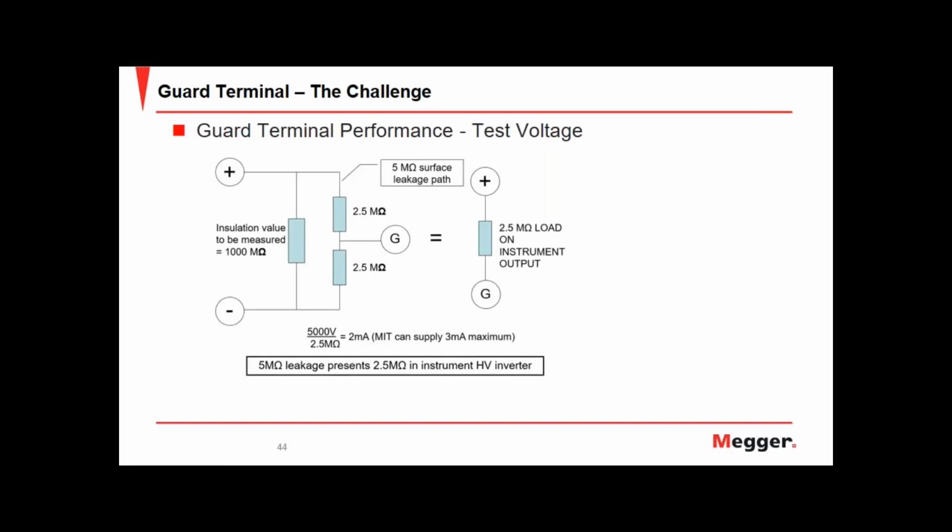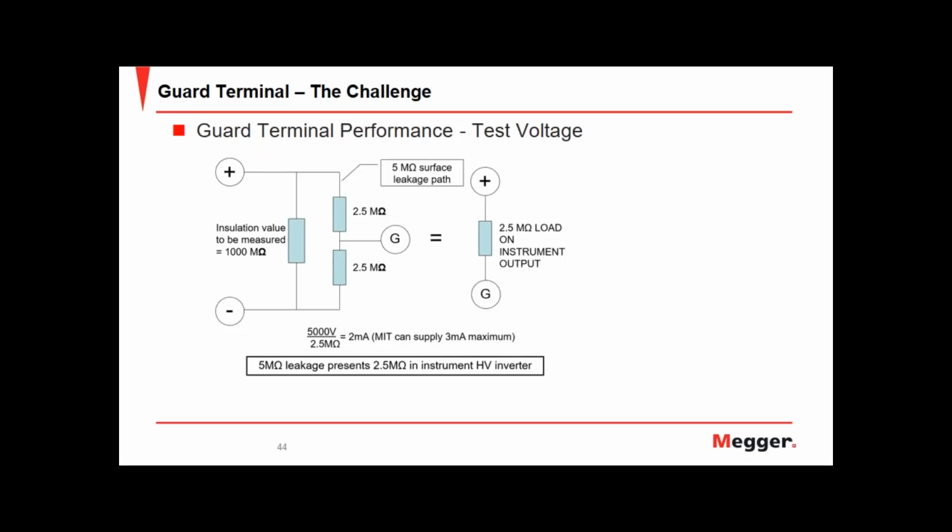So here we need to talk about the test voltage. Safety is not the only criteria, but we need to think about the test voltage. Now, if we operate in this way, we can see that we've got a 2.5 megohm load between the guard terminal and the positive.